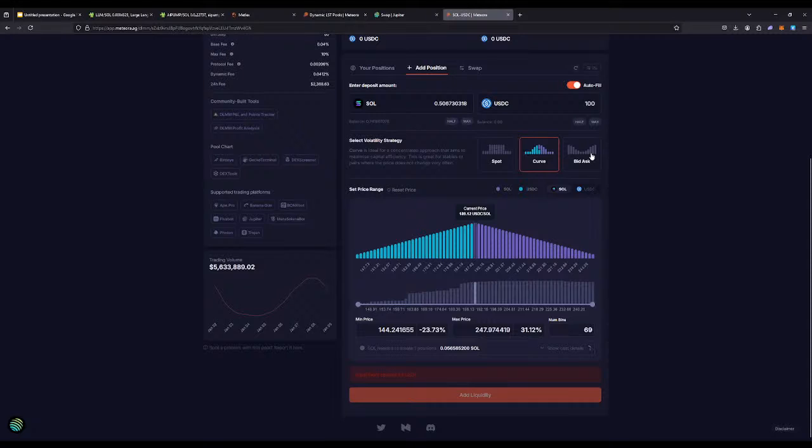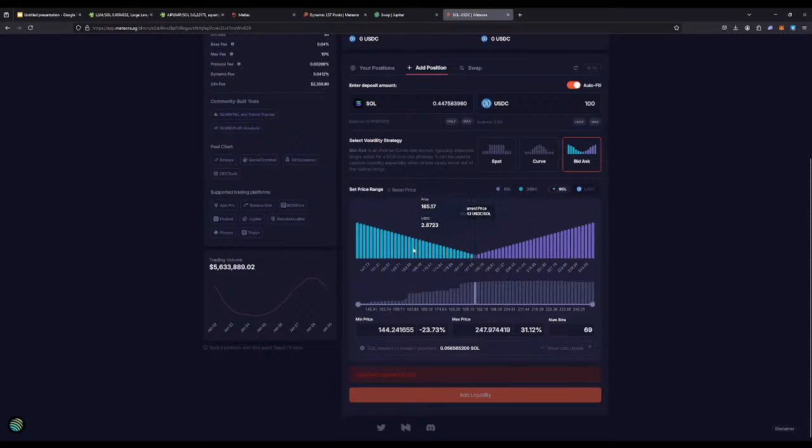And then the third option is the bid ask. This is basically a DCA on both sides. As you move right or left, the liquidity being provided increases. So if the price is falling, then at the active price, you won't have much active liquidity, and you'll end up buying less of the token which is decreasing in value.